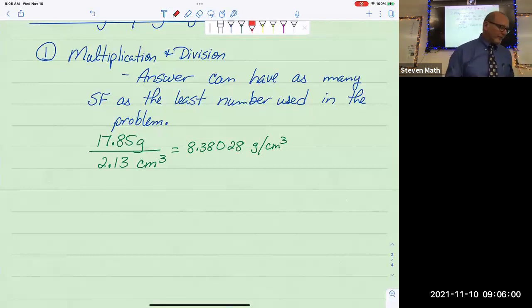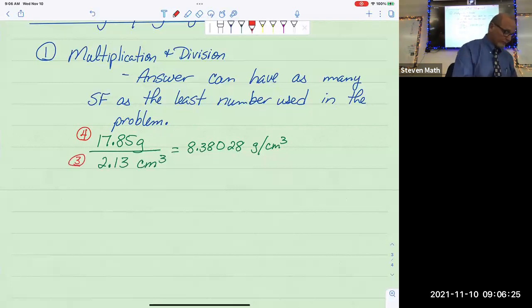Stevie, how many sig figs in 1785? In 1785, there are 4. How many sig figs in 2.13?